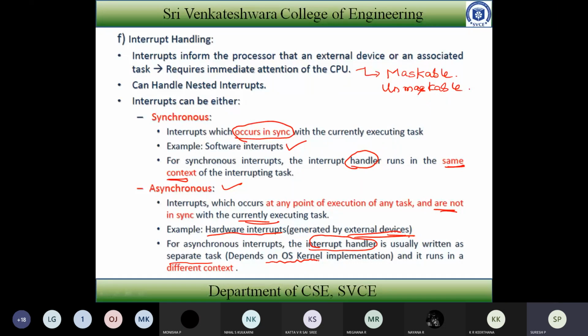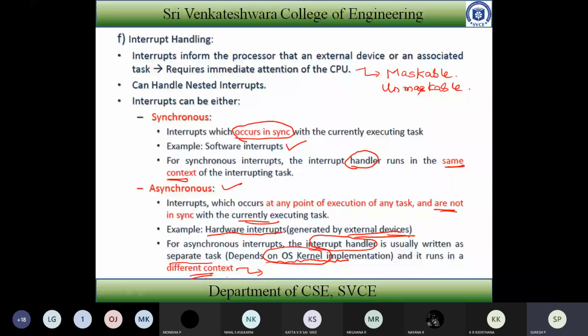Whenever you write it in a separate task, it will be running in a different context. That is how it runs for an asynchronous interrupt. That means the interrupt may come at any point of time during the current program execution. It will have high priority at that time, and it is not in sync with the currently executing task. That is what interrupt handling specifies.